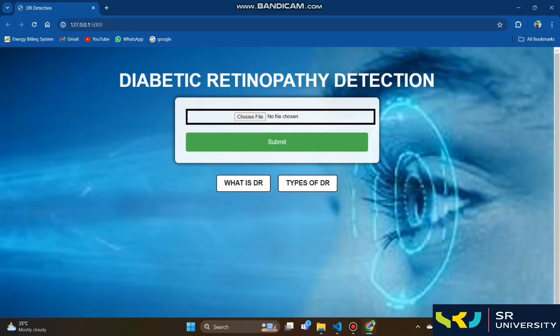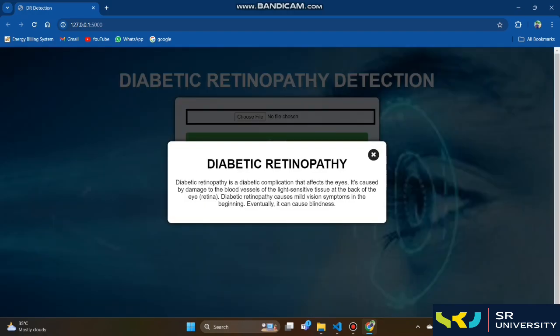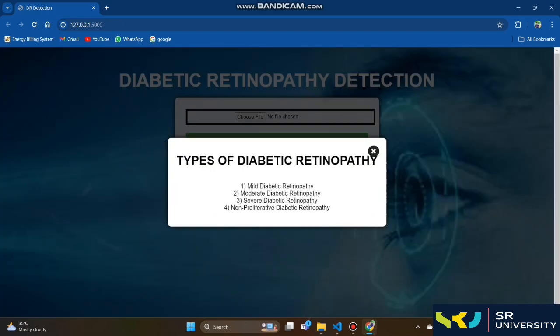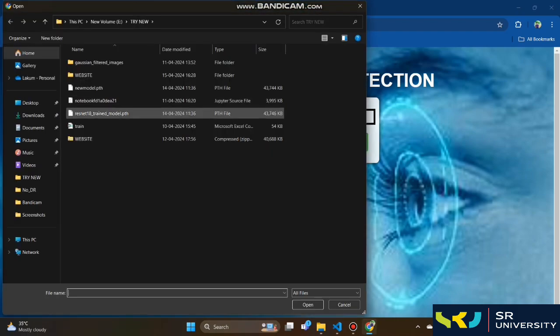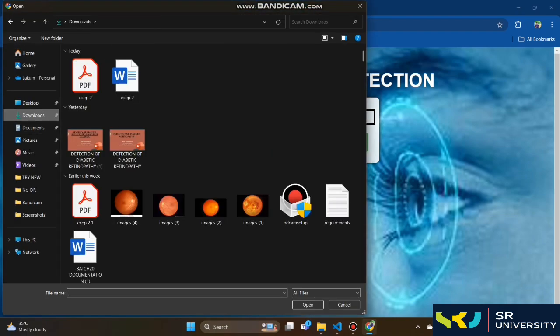So here we have to upload our input image. This shows information about diabetic retinopathy and what the types are. So we are choosing a random image.